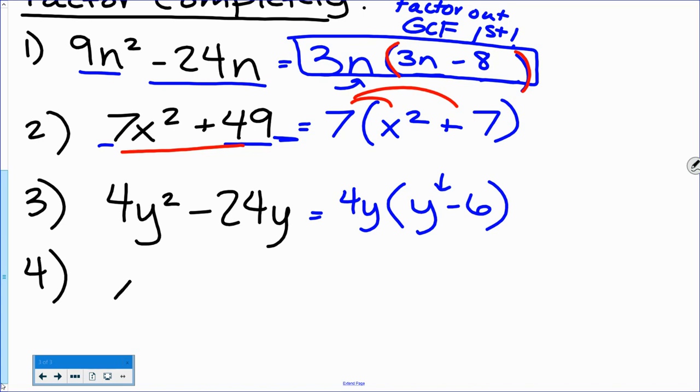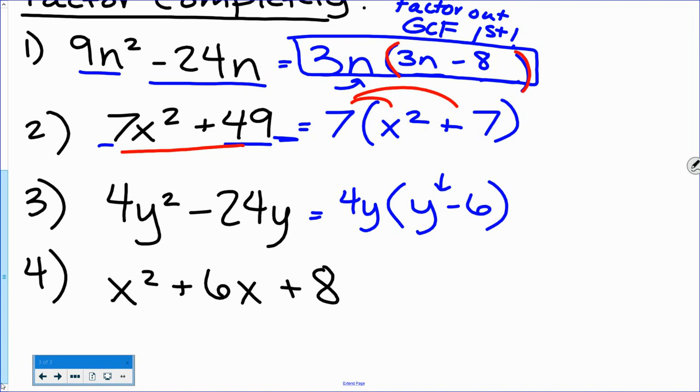All right, let's take a look at something a little bit different. So if I gave you x squared plus 6x plus 8. All right, first we look for a greatest common factor. Is there a number that would divide into all 3, or a variable that I could pull out of all 3? There is not.